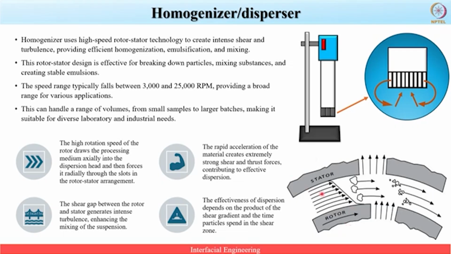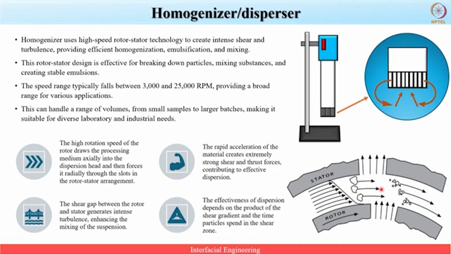Now, when the rotor spins at high speed, it creates a suction effect that draws the liquid sample into the stator slots. This movement generates an axial flow, meaning the liquid flows along the axis of rotation. As the liquid passes through the narrow gaps between the rotor and stator, it experiences intense shear forces.